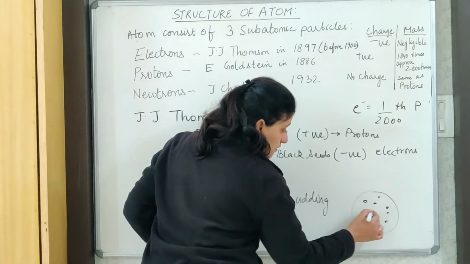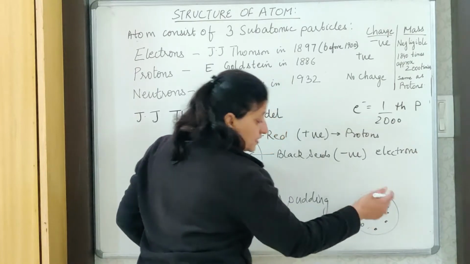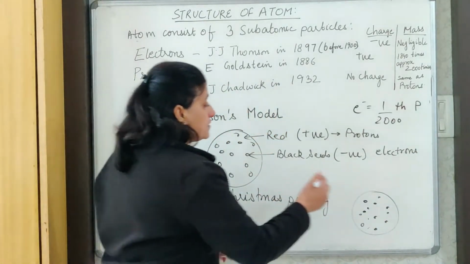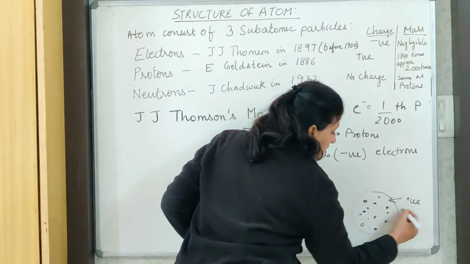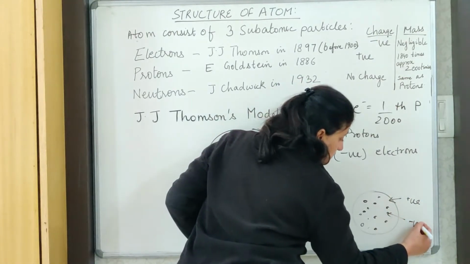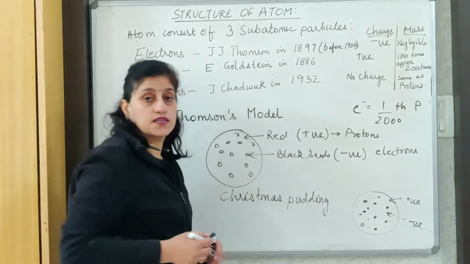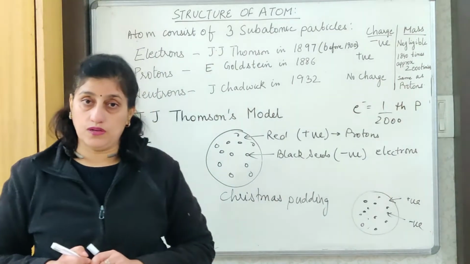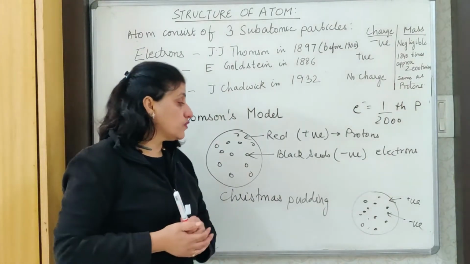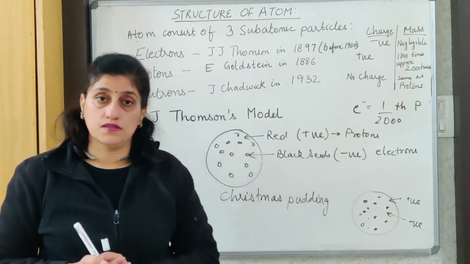So the Christmas pudding has raisins inside it. Again the same thing, the entire pudding part is the positive charge and the raisins represent the negative charge. Same way the amount of positive and negative charges are equal. This model was given by JJ Thomson.